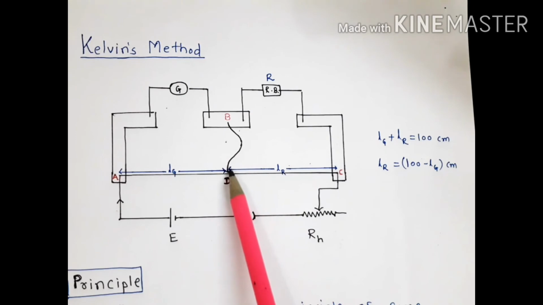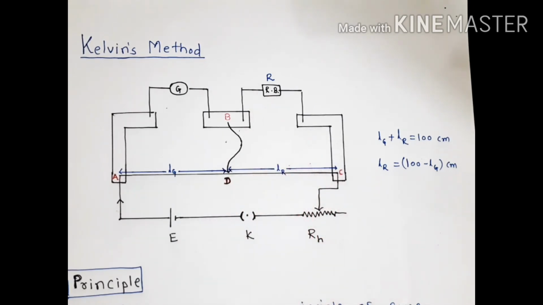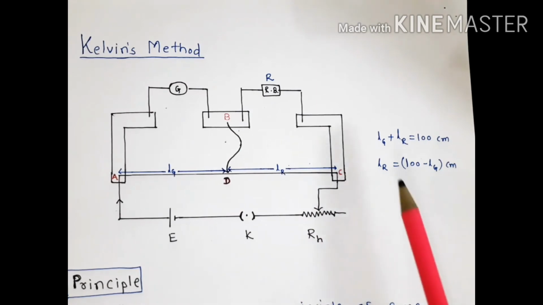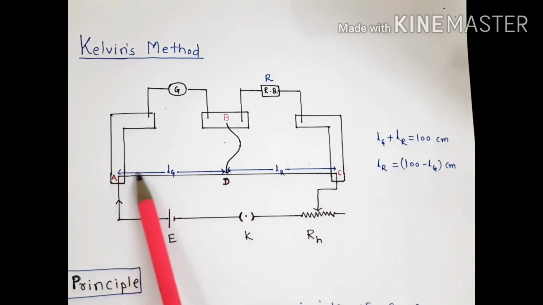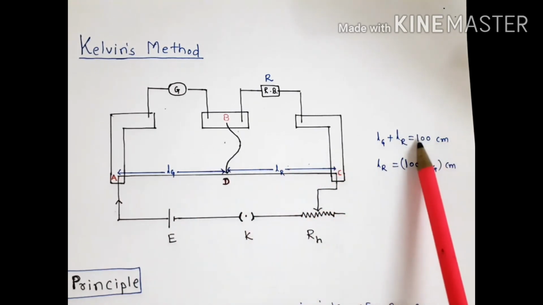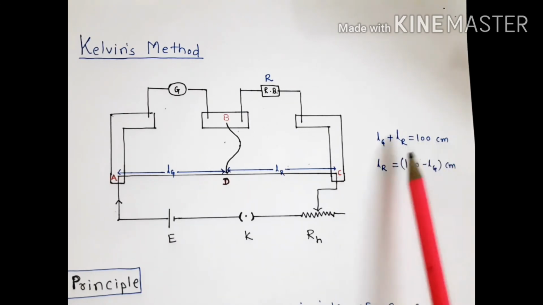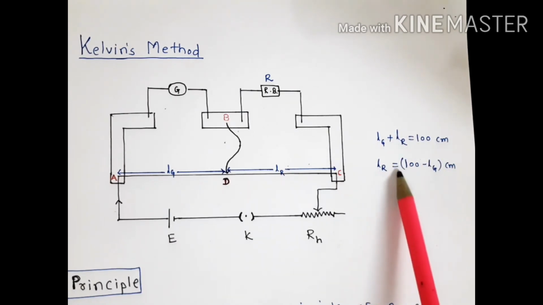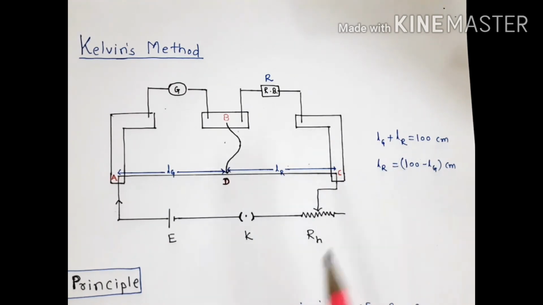This is the balanced distance opposite to the resistance box, denoted by LR. Here the total length of the meter bridge wire is equal to 1 meter, that means 100 centimeter. LG plus LR is equal to 100 centimeter. Therefore LR is equal to 100 minus LG centimeter.